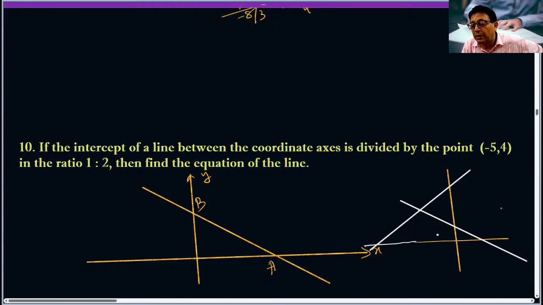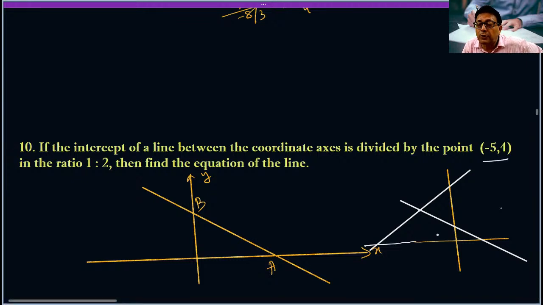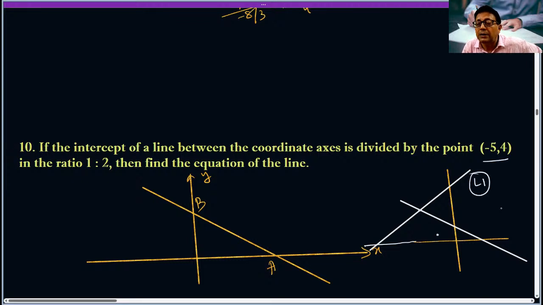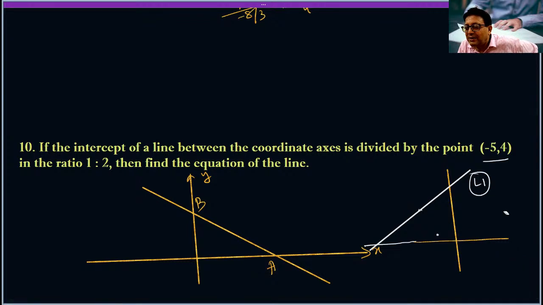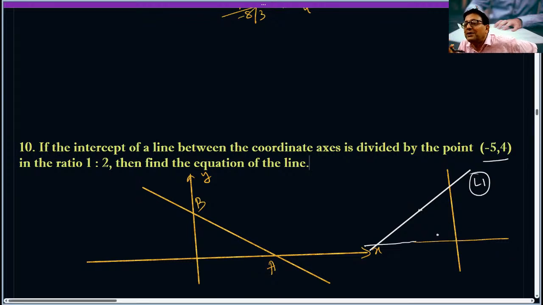Possible. Passing through this and divided at that point is possible for this line, not for this one. Am I correct? So how many possibilities are there? Only one possibility, because the point is minus 5, 4. This point is known.